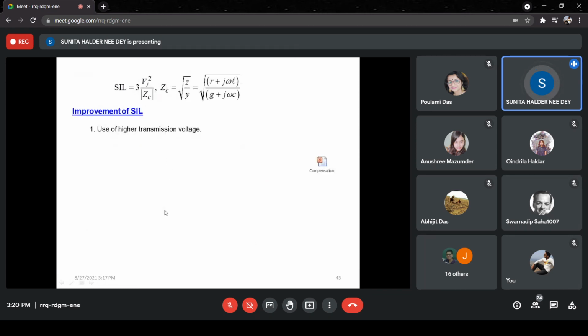Now, for a transmission line, if we load it with SIL, then the value of SIL is very low. Say if we want to transmit 40-50 megawatt power through a transmission line over a particular distance, you may see that in all aspects the transmission line can serve the purpose. But if you want to make that 50 megawatt the SIL of the transmission line, it will not work. The SIL of the transmission line is much lower.